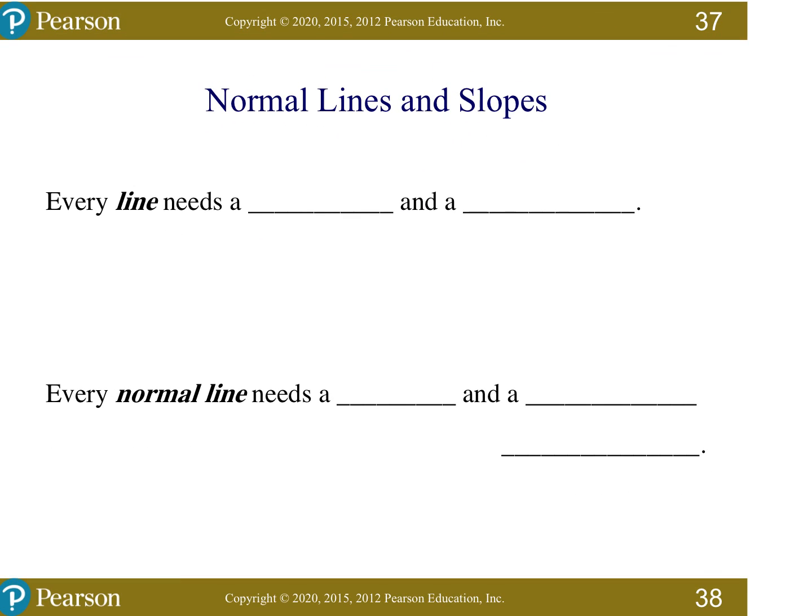All right, so if every line needs a point and a slope, every normal line also needs a point, but it needs a perpendicular slope.